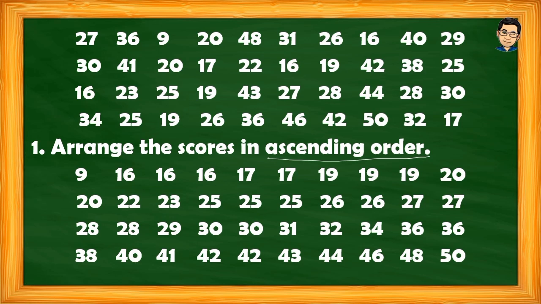Naka-arrange na sila. The lowest score here is 9. And then the highest score is 50. So, kasi kapag gagawa tayo ng frequency distribution table, mas gagaan yung ating trabaho kapag yung ating data, yung mga scores natin is naka-arrange sila. Para mabilis lang yung ating pagtatali.